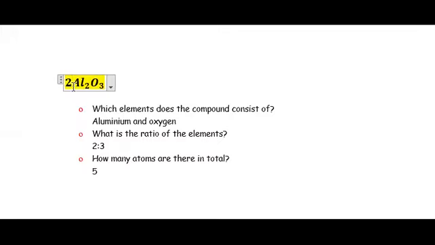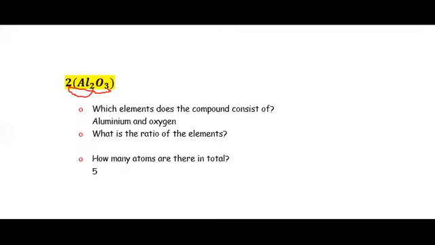Now, if I change it up a little bit and I put a coefficient before the compound, this is how it's going to look. You're going to imagine that there are brackets surrounding the compound. And when there are brackets, we know from maths that we multiply the number that's outside the bracket to everything that's inside the bracket, right? So firstly, what will the ratio of elements be now?